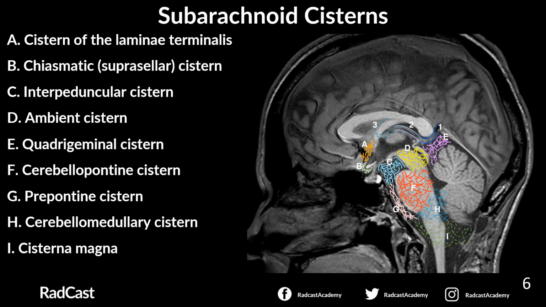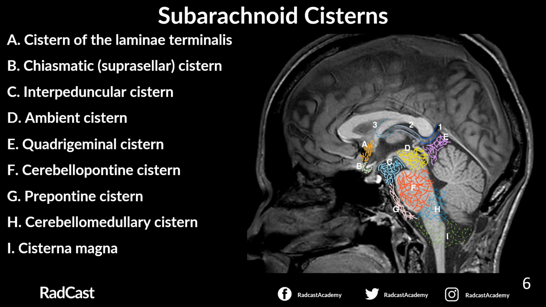C, D, and E, interpeduncular cistern, ambient cistern, and the quadrigeminal cistern are called perimesencephalic cisterns. These cisterns are surrounding the midbrain.